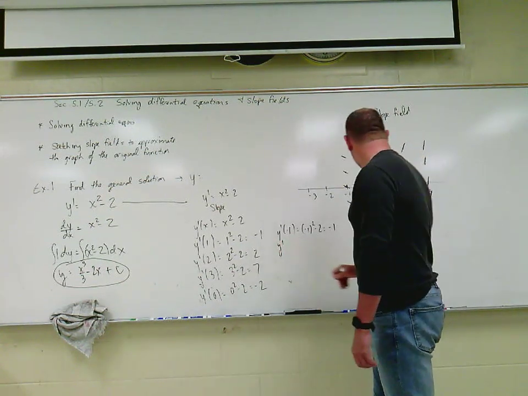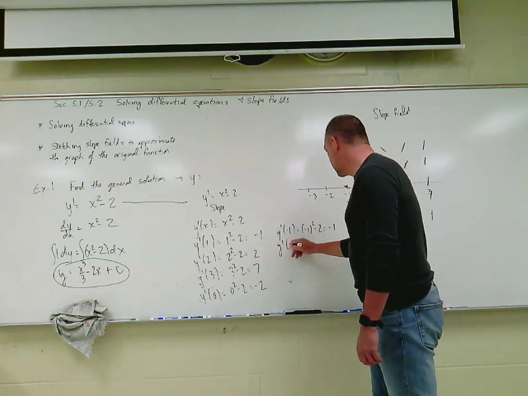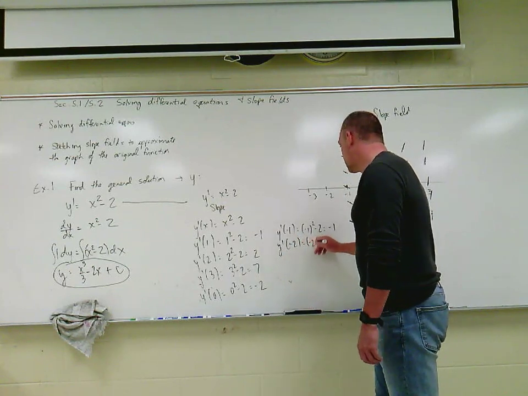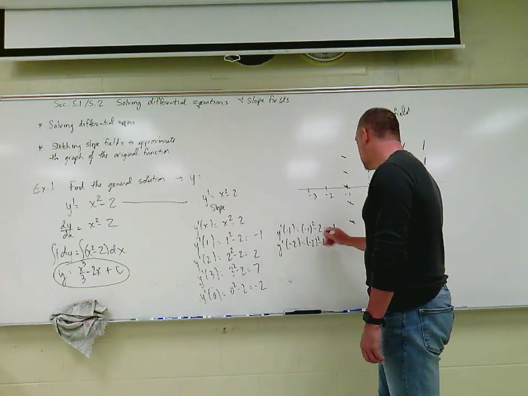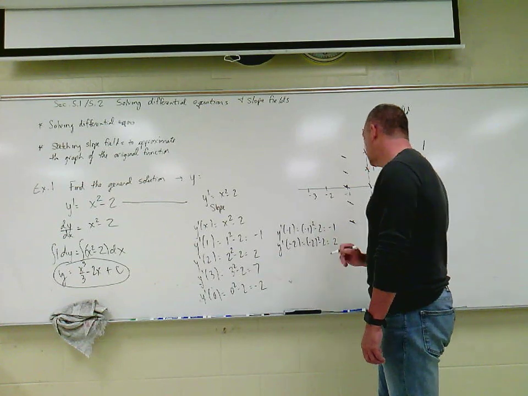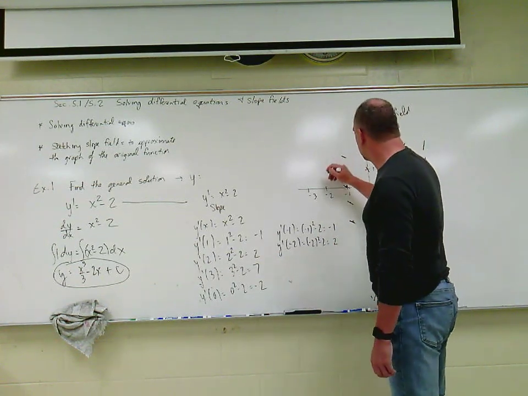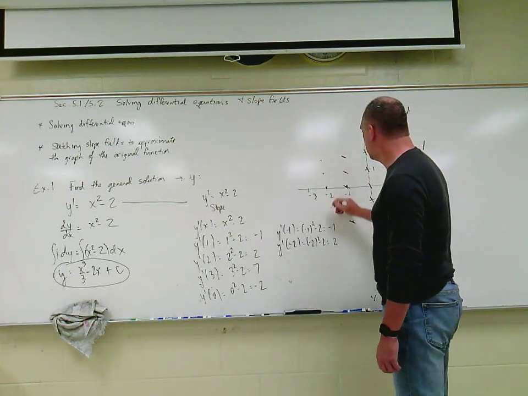We can just go to -2 here and stop. So we get -2 squared minus 2, which is back to 2. So we're going to draw a slope of 2.